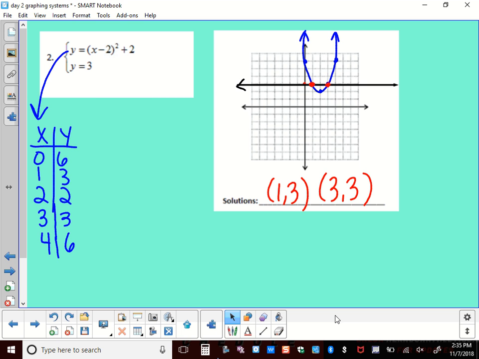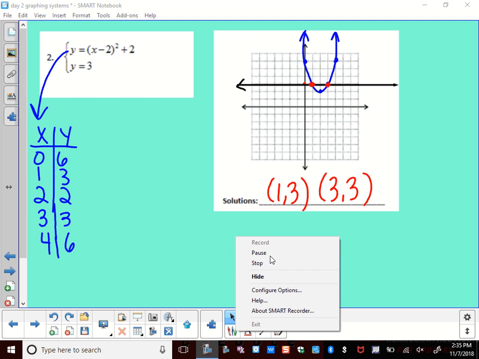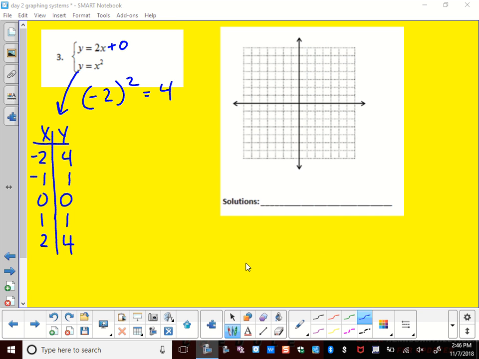Alright, now you're on your own for the other three. What do I think the x is? Alright, so we graphed the parabola. 0, 0, 1, 1, 2, 1, 2, 3, 4.